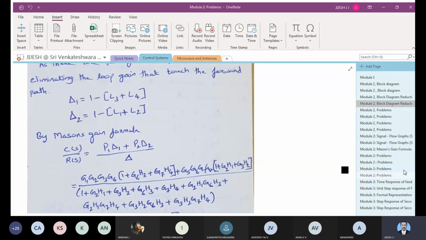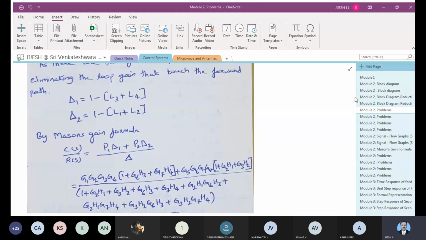So next question, we have seen this block reduction technique, and where we have understood that this can be further simplified. Here we are mainly focused on the summing points first, and as I have told you before, the first two steps are very critical.